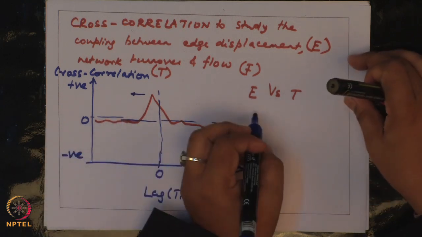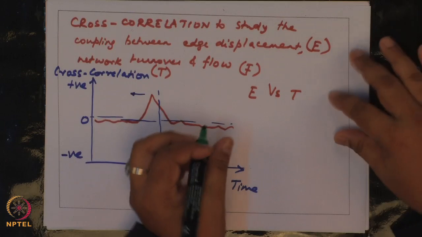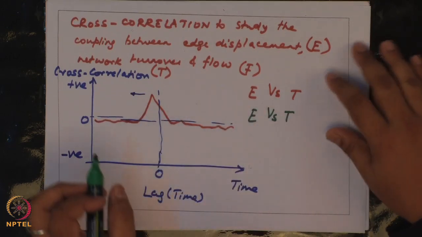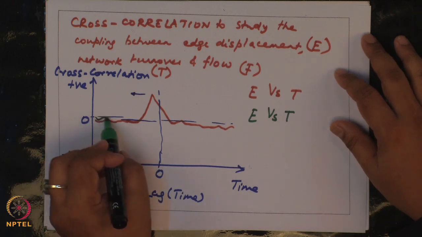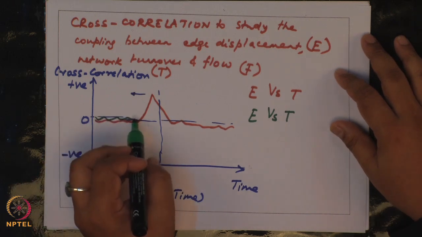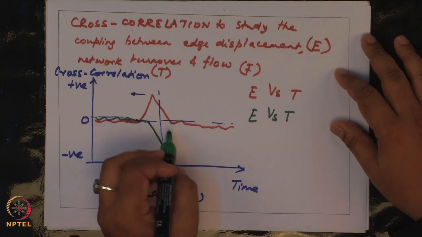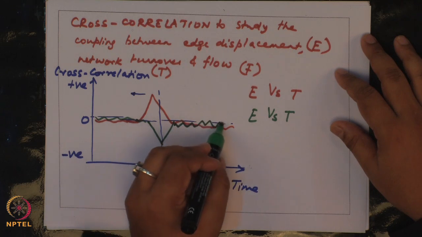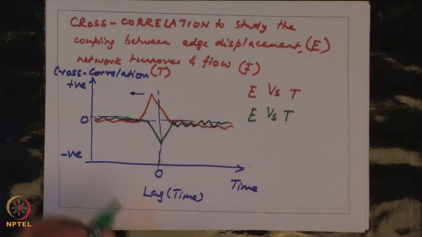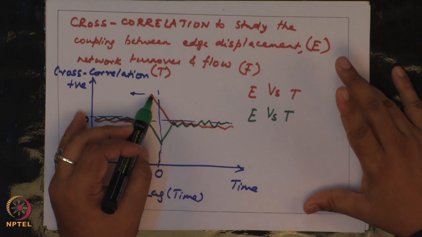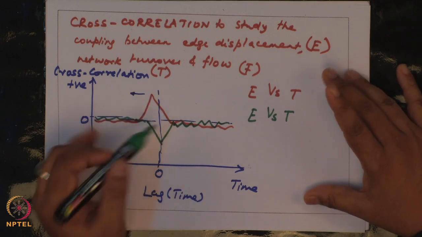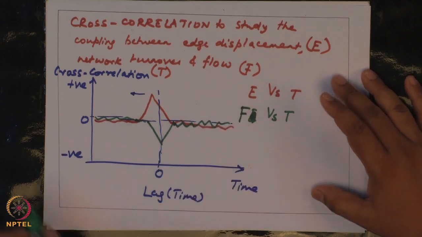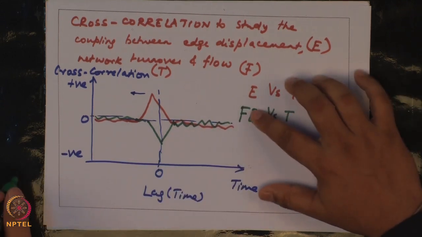Now, let me draw the curve for E versus turnover. You find a peak here. So, this is E versus turnover, and this is, sorry, this is not E versus turnover, this is F versus turnover. F is flow.